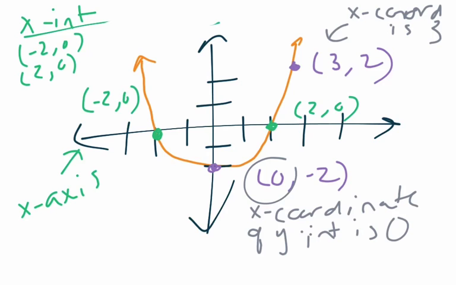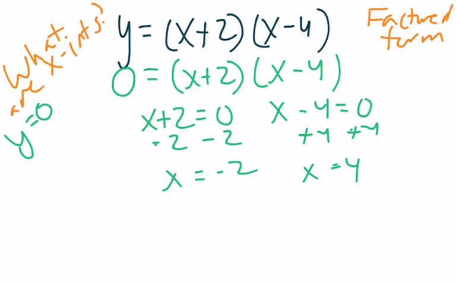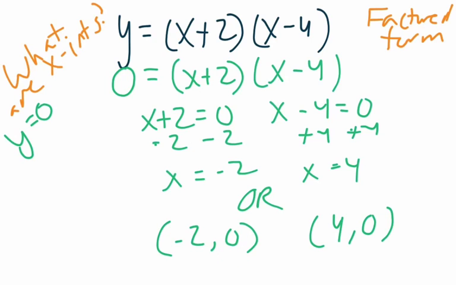So you can write your x-intercepts as ordered pairs, or you could write them just as the value of x: x equals negative 2, x equals 4, or as ordered pairs, remembering that the y-coordinate is 0. Back when we were doing lines and the y-intercept, I mentioned that Miss Braswell makes her students always write the y-intercept as an ordered pair so that you don't forget that it's not a number, it's a location, an ordered pair, a point.